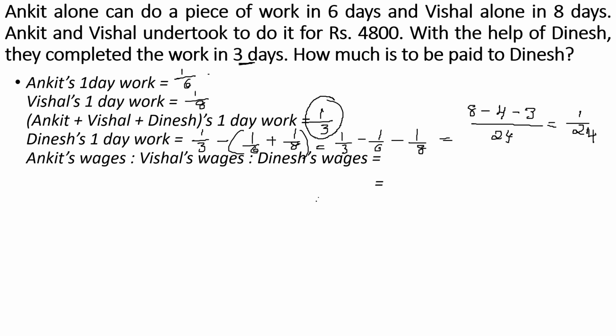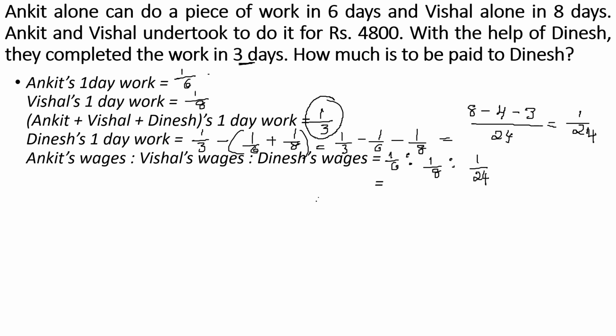The work done ratio is similar to the ratio of the wages. So the work done ratio for Ankit is 1 by 6 to, for Vishal 1 by 8, and for Dinesh 1 by 24.